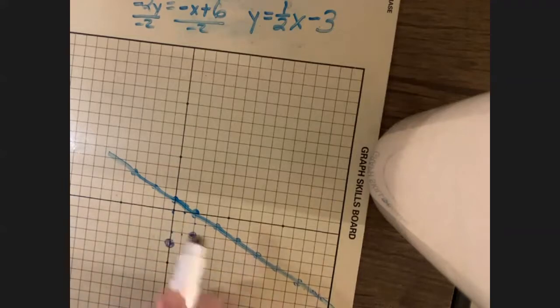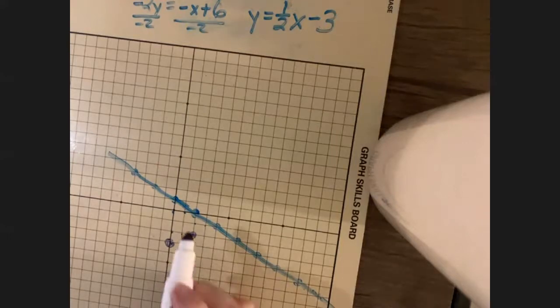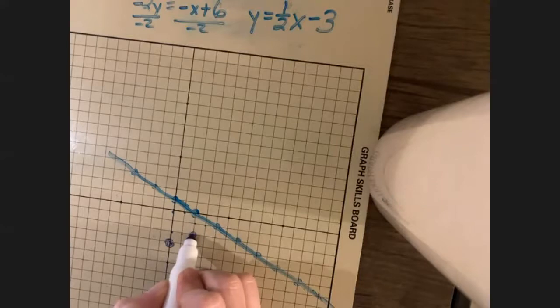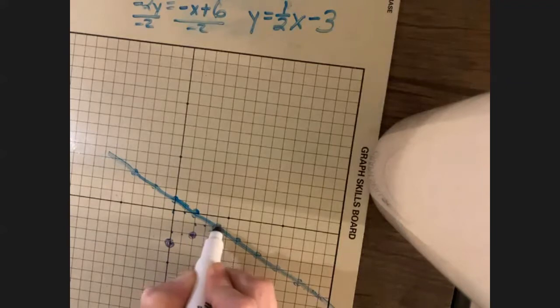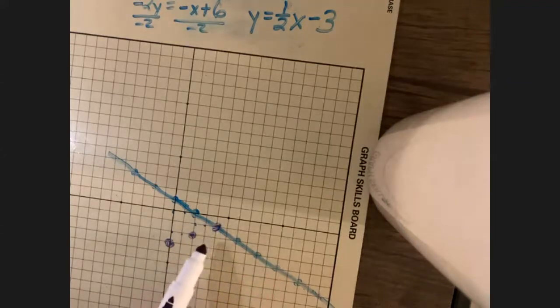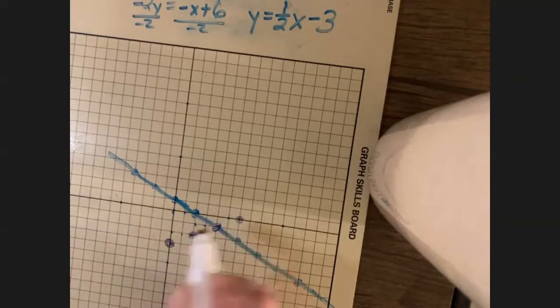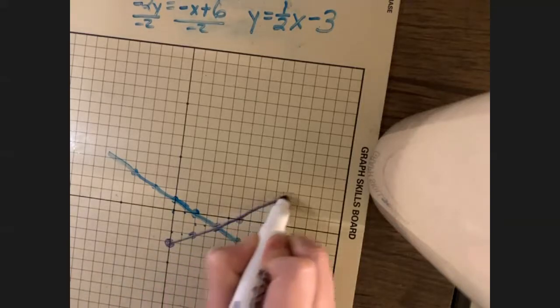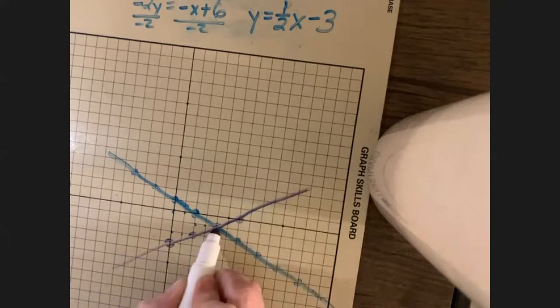Again, I want to do more than just 1 dot, because if I now go from this one and count another pattern, going up 1 over 2, I just landed right on top of one of those dots that I'd already graphed. That right there tells me that's my answer, because both of those lines hit that spot. The whole point of this graphing method is to figure out that intersection point.